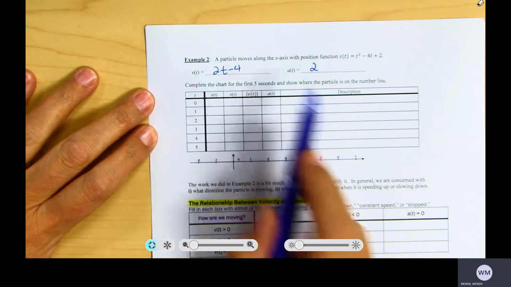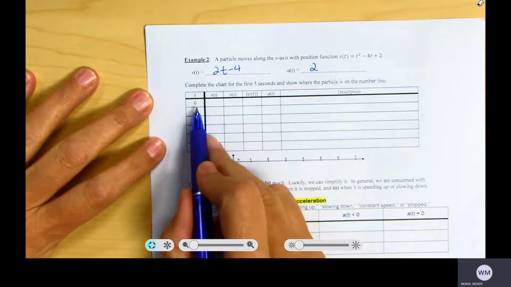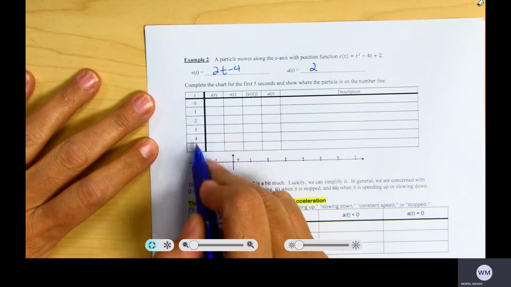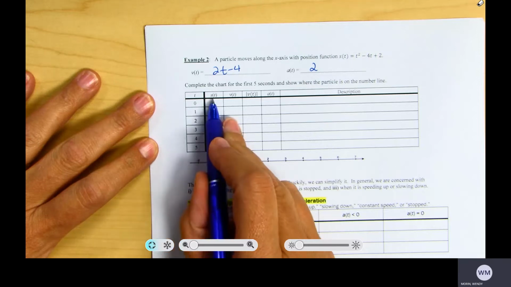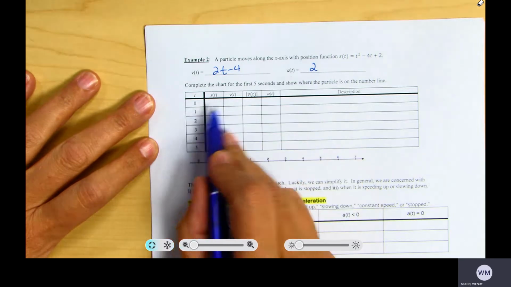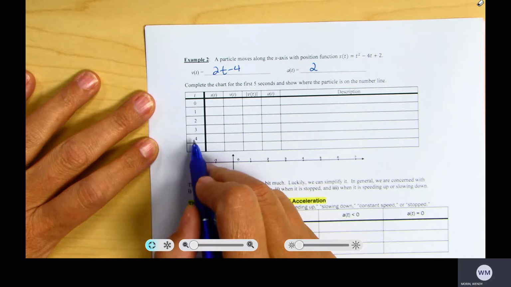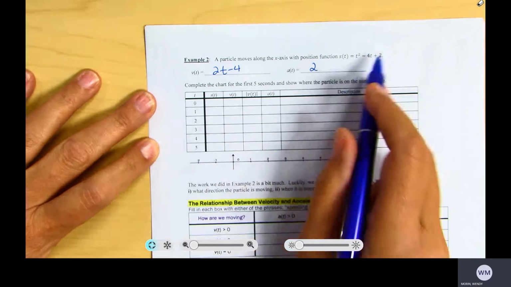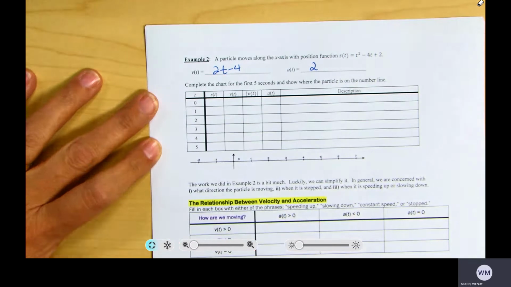Take the derivative of velocity, get acceleration. Okay, so let's do all of these, let's just do all the position ones first. So plug in 0 into your position, plug in 1, plug in 2. So go ahead and stop the video and plug in 0 through 5 into each one of these equations and fill out the table.